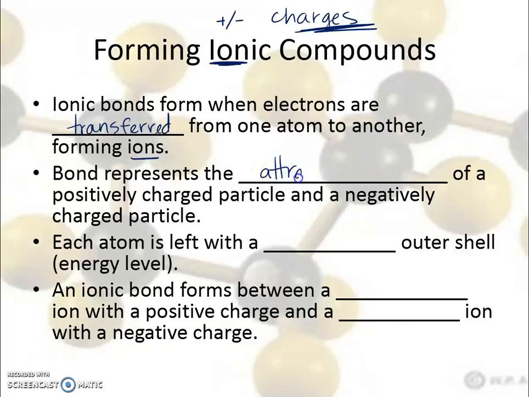The bond represents the attraction of a positively charged particle and a negatively charged particle. Each atom is left with a full outer shell, or a full valence electron shell, or energy level. An ionic bond forms between a metal ion with a positive charge and a non-metal ion with a negative charge.